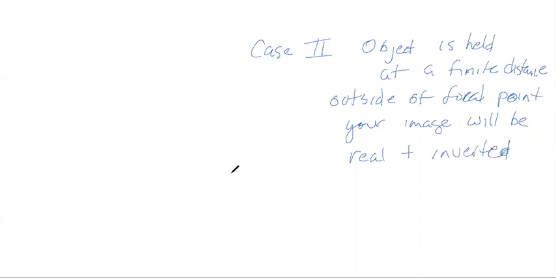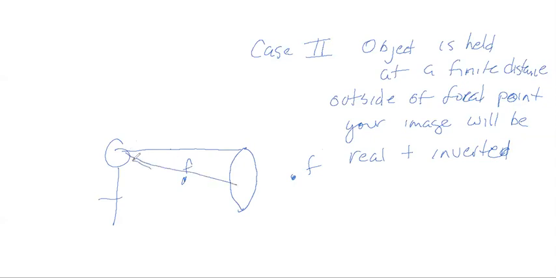You could probably find better ray diagrams online, but I'm going to give you the best I got here. Here's your focal point. These are typically done like this. You've got three rays: one coming parallel, one going through the center, and one going through the focal point. The one going through the center just keeps on going through.